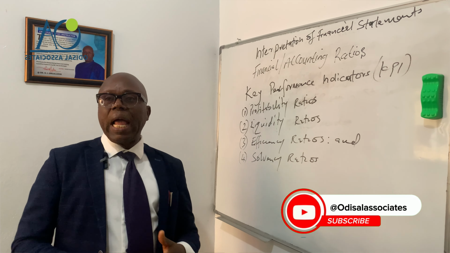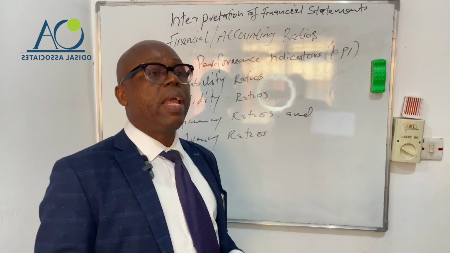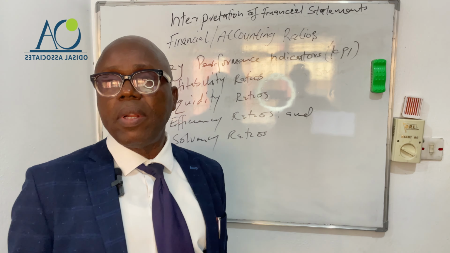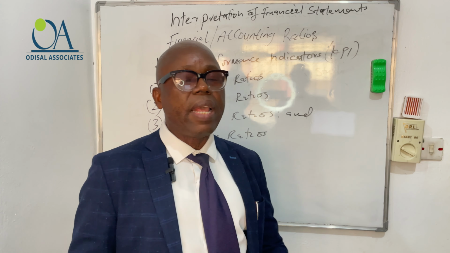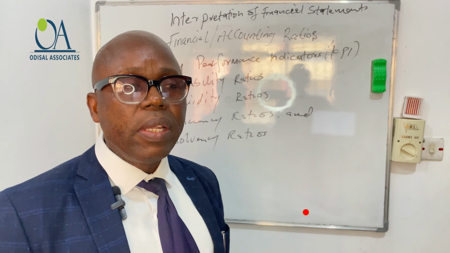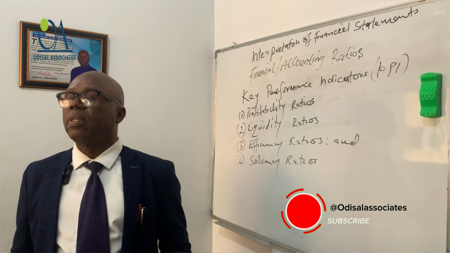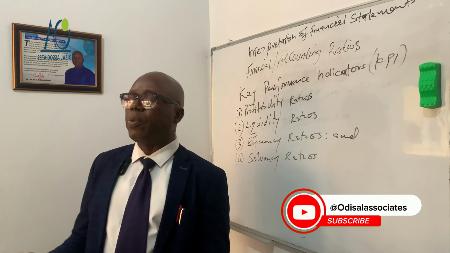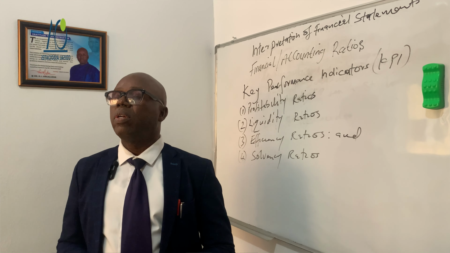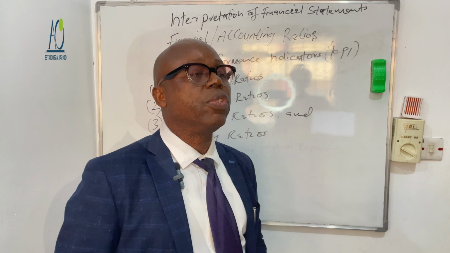This deals with the ability of the firm to meet their long-term obligations, and then how the company mixes their equity capital and debt, how the company is able to pay their interest, how many times their profit is able to cover their interest. So this is long-term solvency or stability ratios.